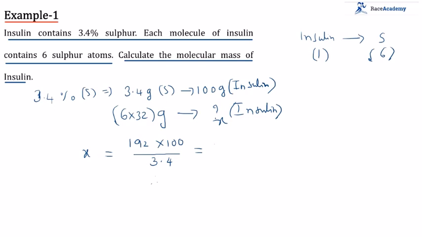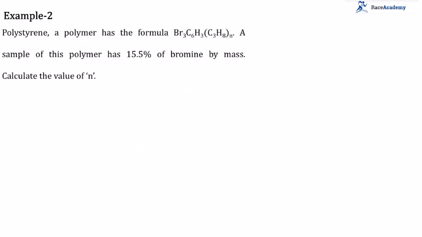After simplification, we got 5647.05 grams per mole of insulin. So this is the answer for this question. Okay, hope you understand. Let us see the next question.